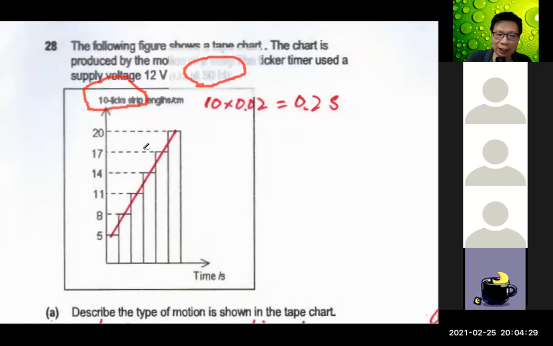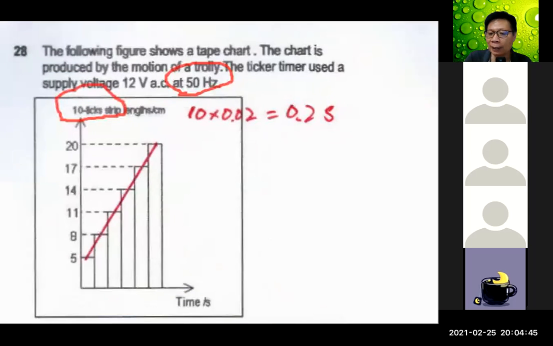It moves faster, isn't it? The gap same. So what is your comment on types of motion? Types of motion means you must talk about constant velocity, acceleration, deceleration, whatever. So this one is what?